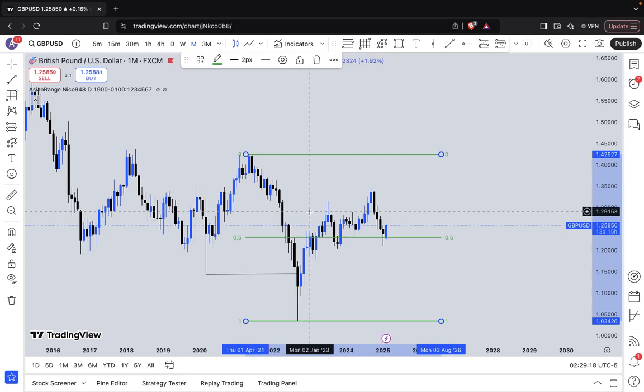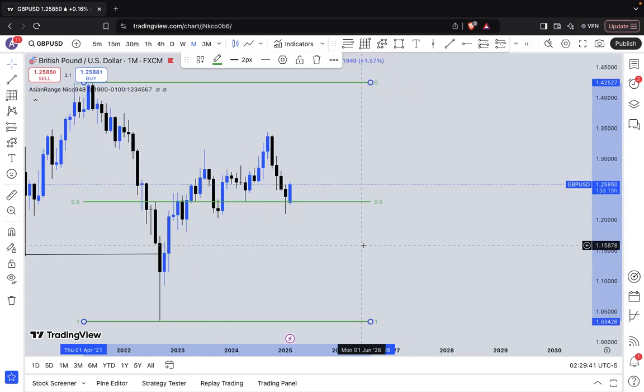Those are the three things you are looking for when the market is retracing back to your premium zone or discount zone. So price moved from this low to internal liquidity before continuing downward.